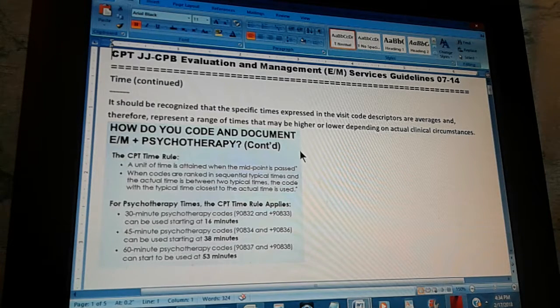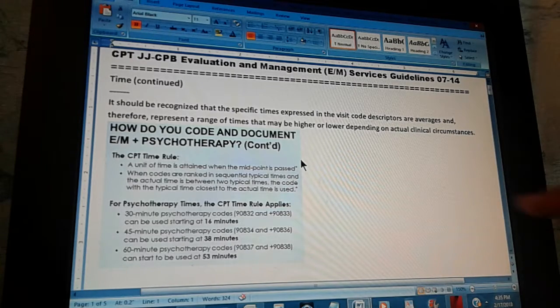So all they're telling you here is that the time that you see there in the descriptors are averages, right? Which means that they have taken several visits and made an average from all those visits. And it depends on actual clinical circumstances.